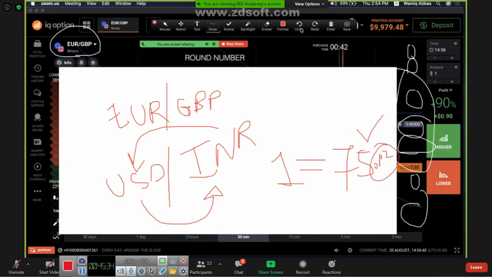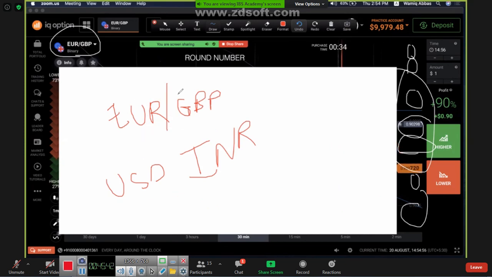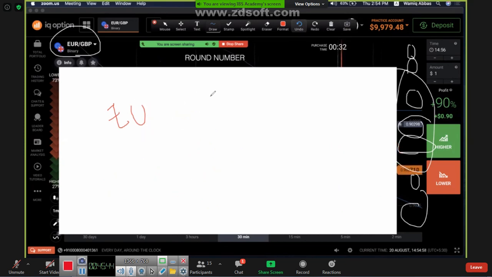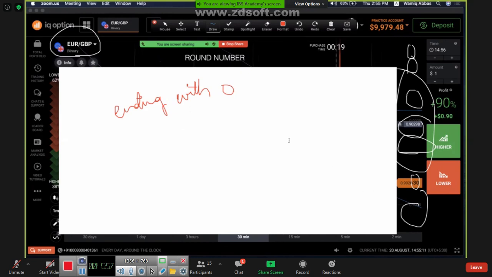I'll take an example. First of all, let me complete what a round number is. A round number is a number which ends with 0. A price which ends with 0 is called a round number. You see this here. The price is what, guys? It looks like 0.90298, right?